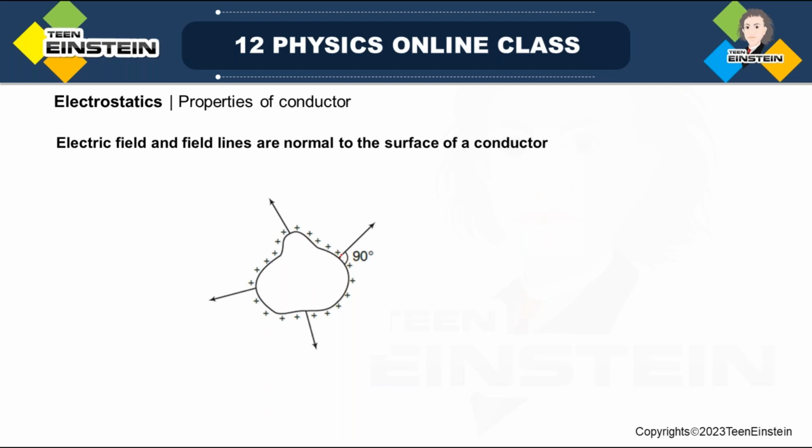So field lines will be starting from the surface and going out perpendicular to the surface. At each point, this is the tangent to the curve, and this is 90 degrees. So at each point the electric field lines at the surface of the conductor will be normal or perpendicular.